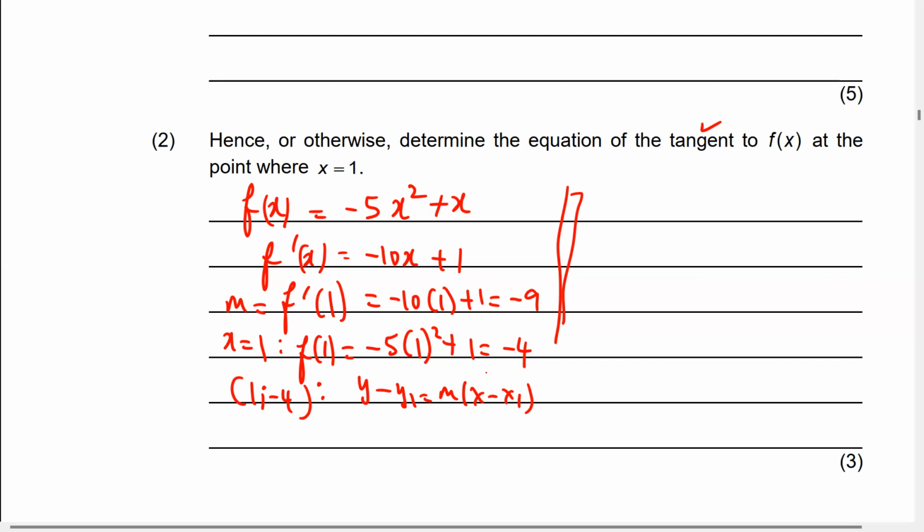To find the equation, you substitute: x1 is 1, y1 is minus 4, and the gradient m, which is the first derivative, is minus 9, times x minus x1.